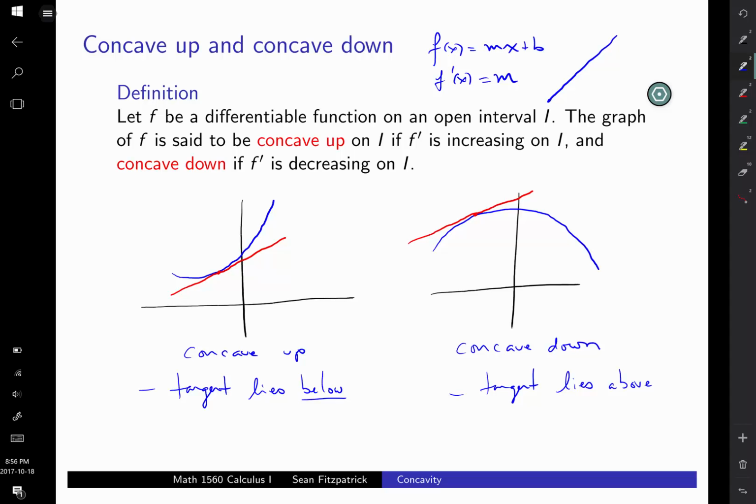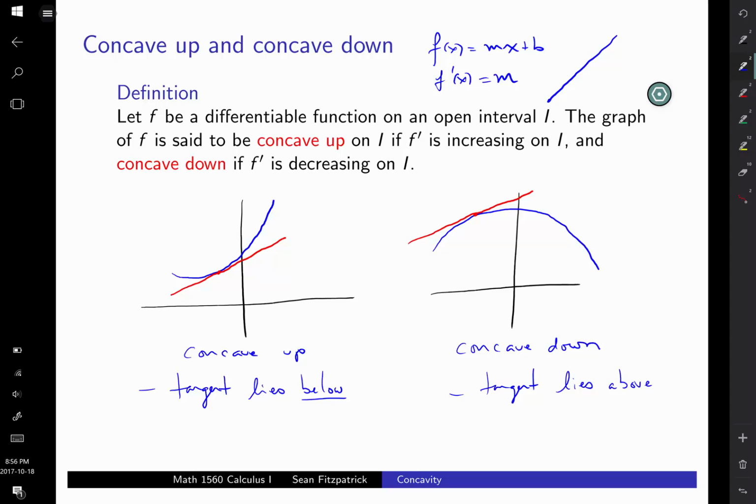Now, concavity measures the tendency of your graph to curve. So it measures how far away your graph is from being linear. How far is it away from being a line? And so if your derivative is changing, then you're going to deviate from a straight line.